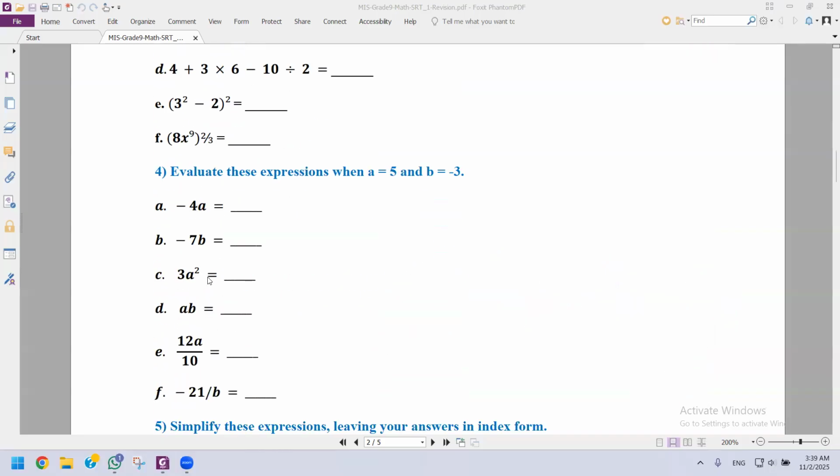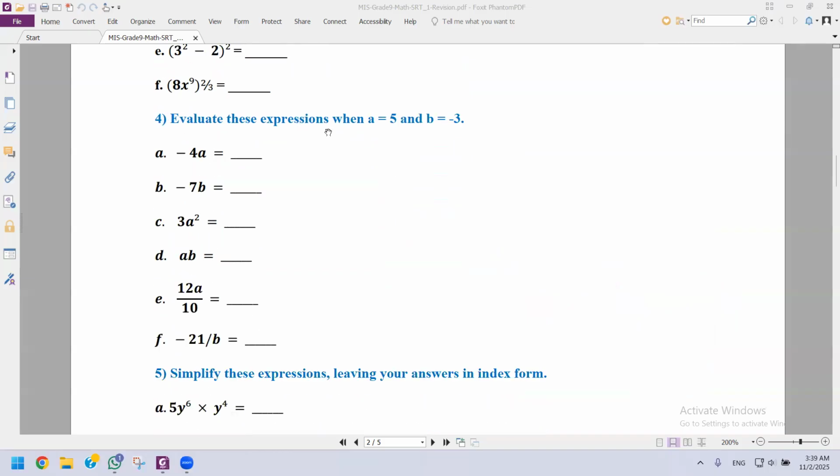Next, evaluate these expressions when a is 5, b is minus 3. So this is given. The variable a is 5 and b is minus 3. Okay, the first one, minus 4a. We should know that minus 4a comes from minus 4 times a.